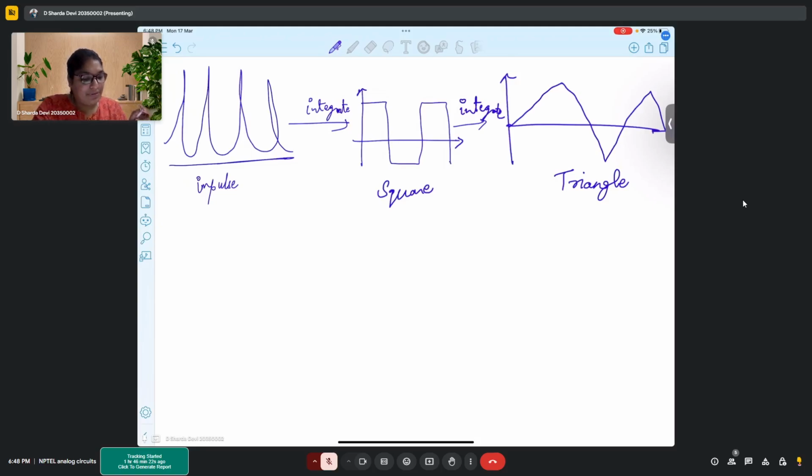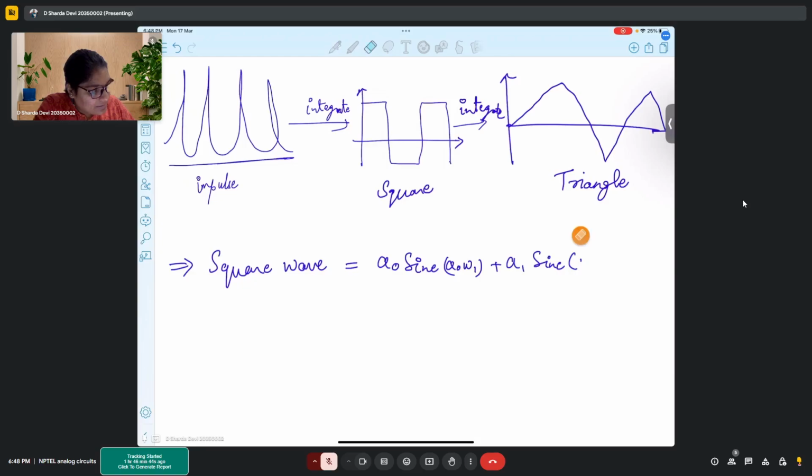Does anybody remember writing a square wave as, maybe you can directly write.